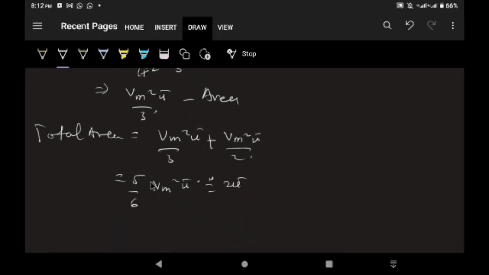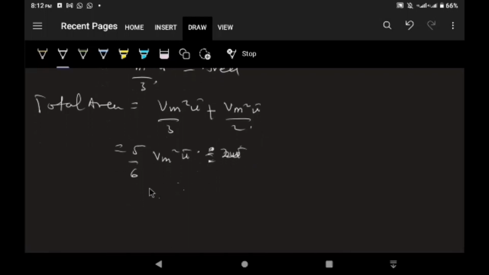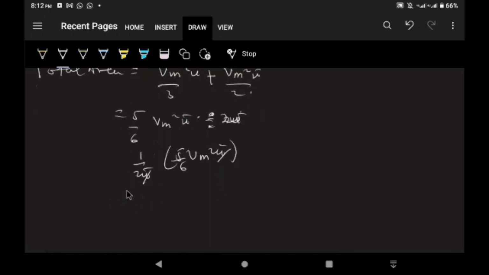So we divide the 5 over 6 Vm squared pi by the period 2 pi, which is the same as multiplying by 1 over 2 pi. So I'm going to get 1 over 2 pi times 5 on 6 Vm squared pi. This pi cancels this pi, and I'm going to have 5 over 12 Vm squared.